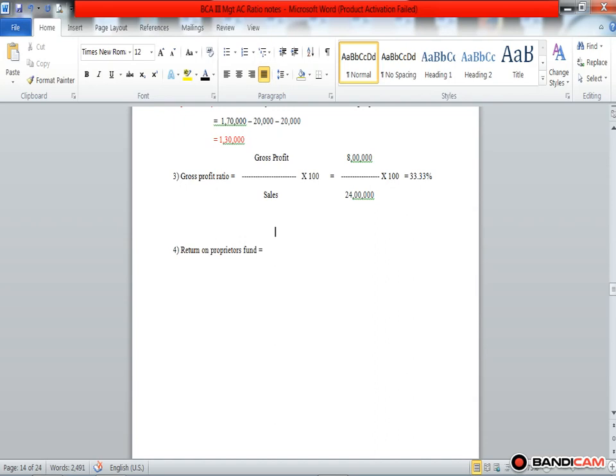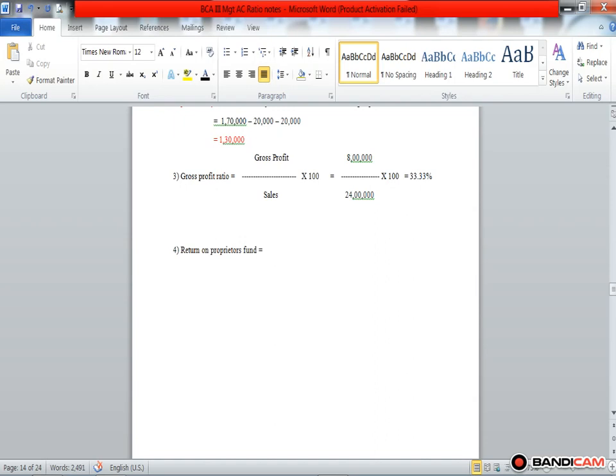Okay, so return on proprietor's capital. Here is the relationship between net profit and capital of the proprietor.